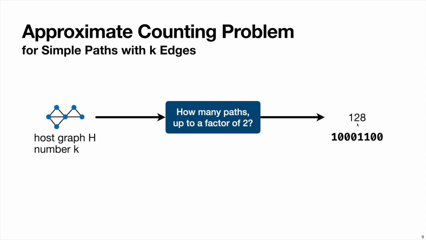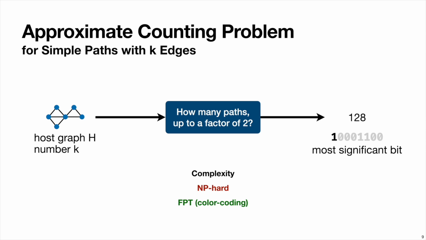What this means is that we want to know the position of the most significant bit in the bit representation of the exact number of paths. This problem is again NP-hard, since it generalizes the decision problem. And it's also FPT, which also follows from the color coding algorithm.